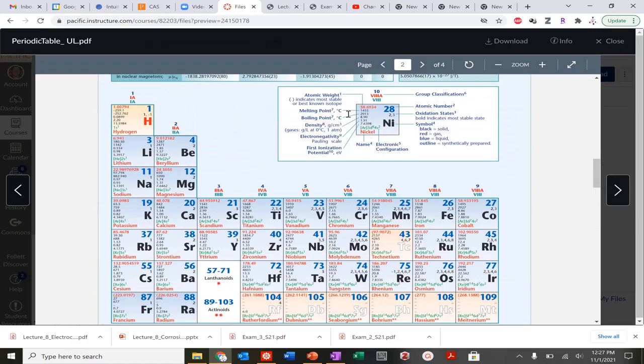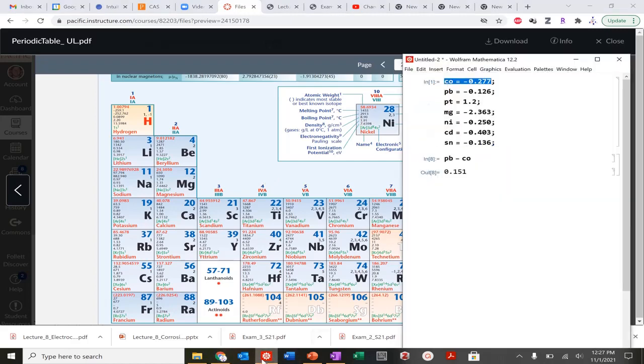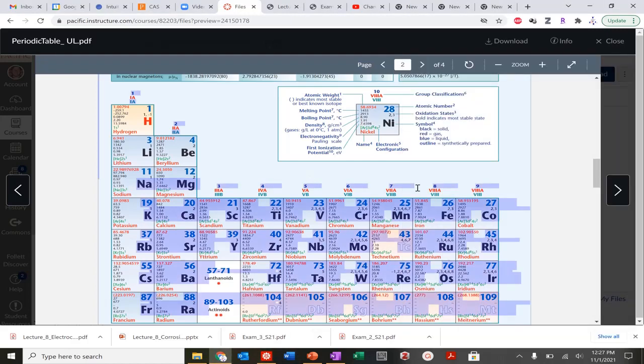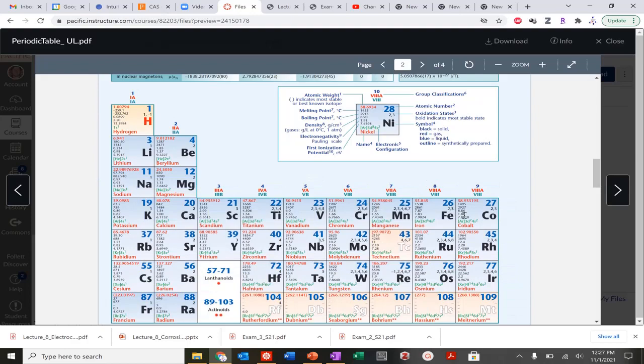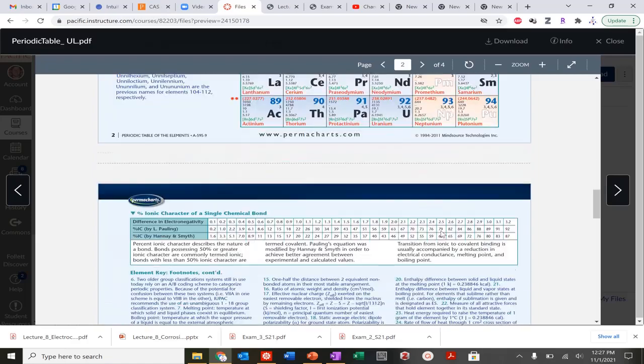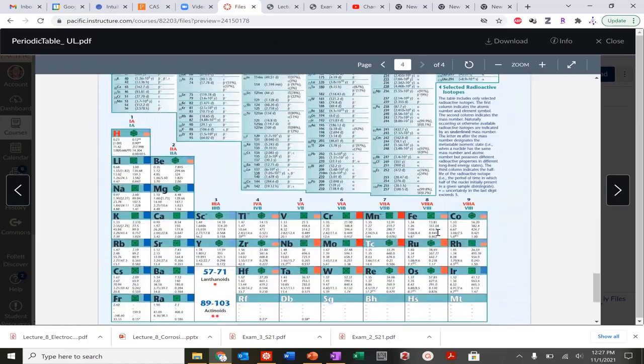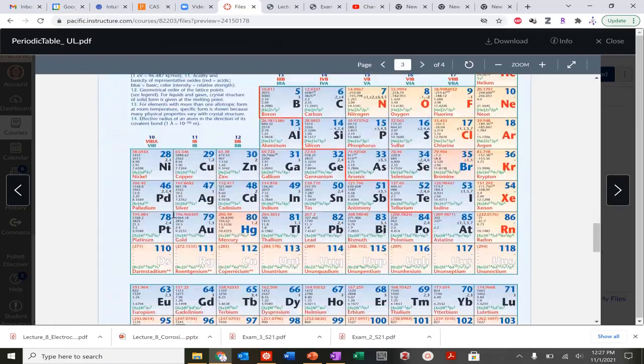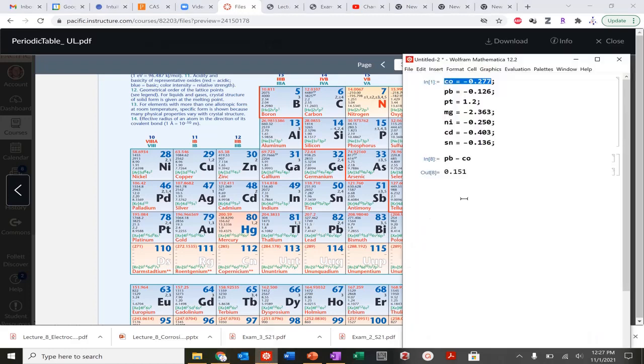Electronegativity is the second value, so this 1.91 here. Looking at Co, that's 1.88, and my lead, my Pb, is 1.8. So Co is more electronegative, so it wants to grab those electrons, so that should be the value that we look at in here.